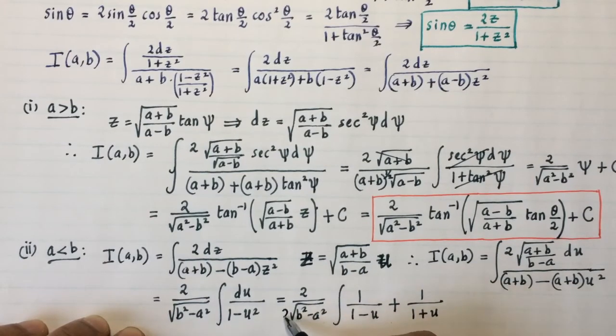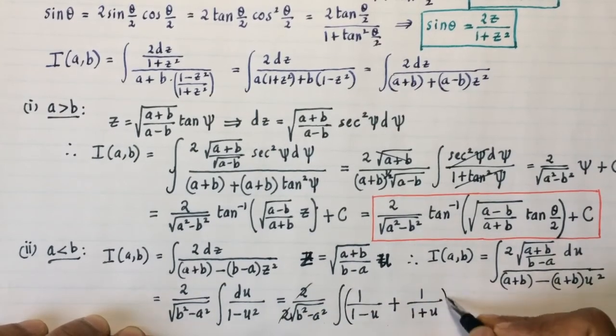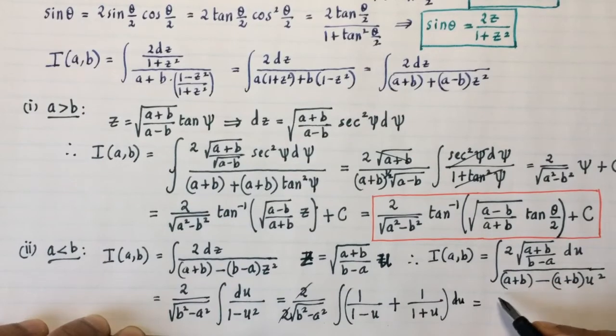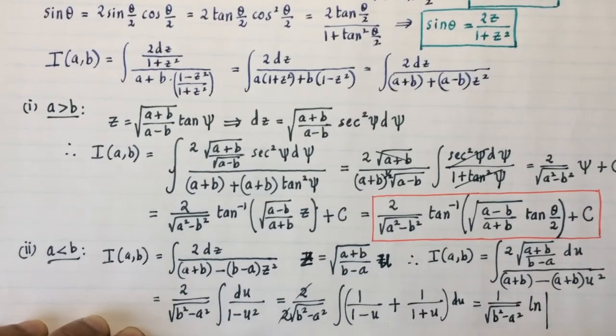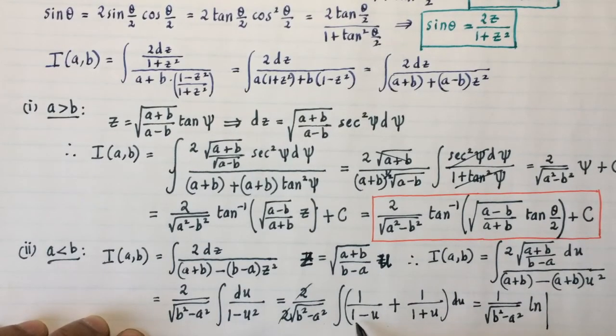Well, I have to compensate by dividing by 2, and so these 2's cancel out, and now I'm just left with du, and so the answer is 1 over the square root of b squared minus a squared times the natural log of the absolute value of, this gives me the natural log of 1 plus u, and that gives me negative natural log of 1 minus u, and that negative natural log can go in the denominator, so that's natural log of 1 plus u over 1 minus u plus c.